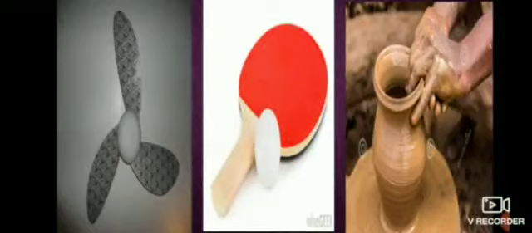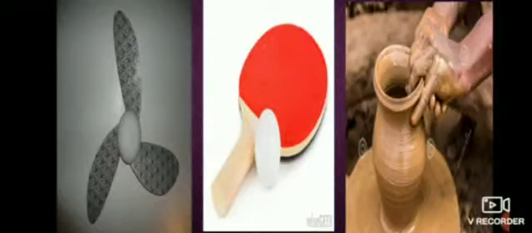Now let us understand. When you push the ball on the surface of a table, it moves from one end to the other end, and all the particles of the ball also move along the direction of motion of the ball. Hence, the ball is in translatory motion.